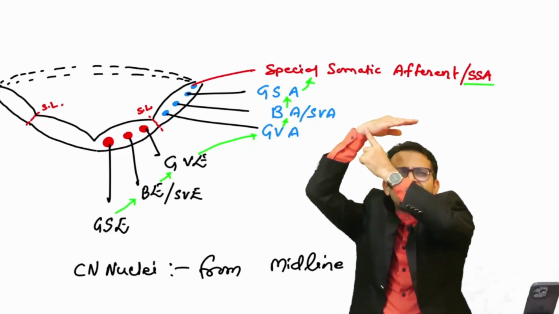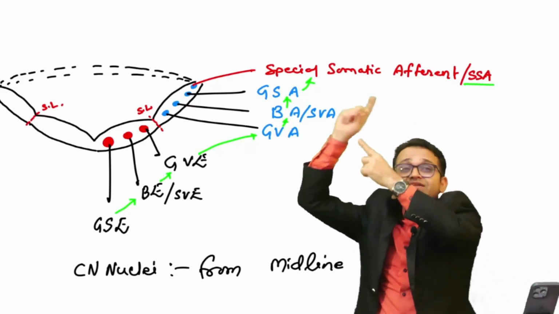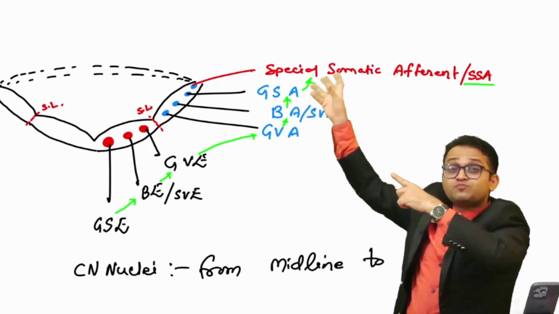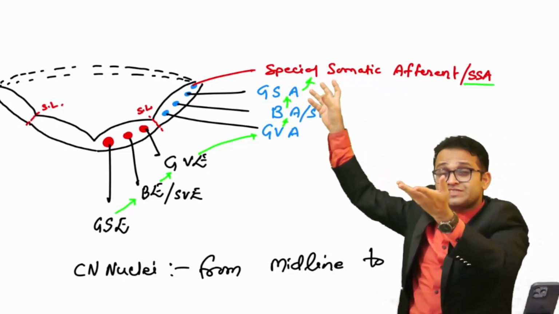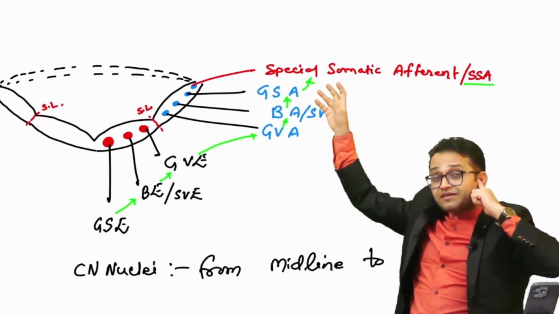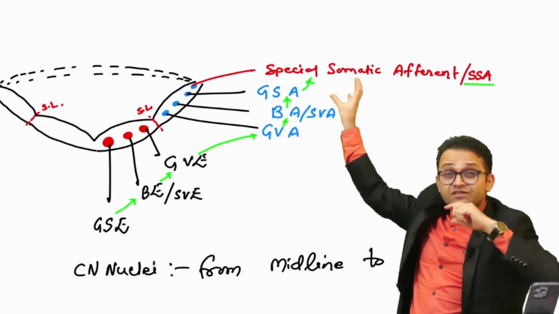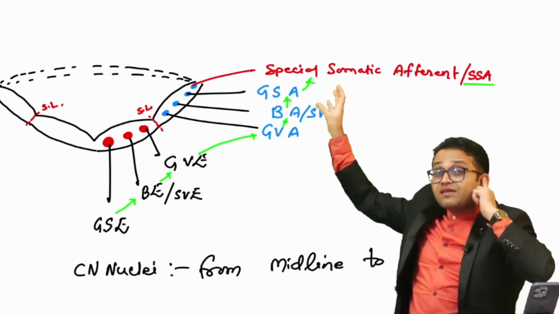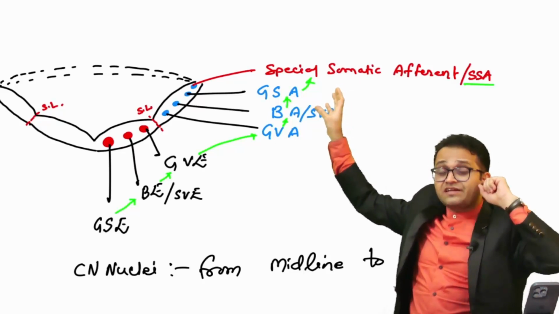And at the last, one more column is developing, that is the special somatic afferent. It will carry the special sensations. What are the special sensations? Vision, smell, taste, and hearing. This will be related with vision, smell, and our eighth cranial nerve, hearing.